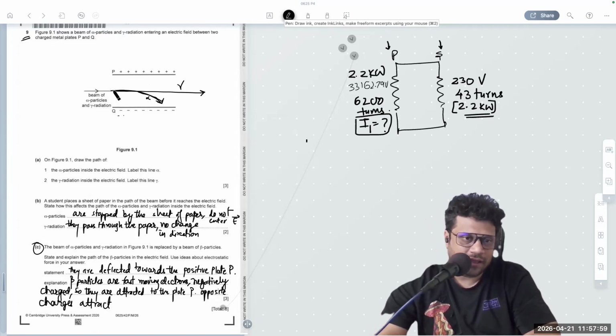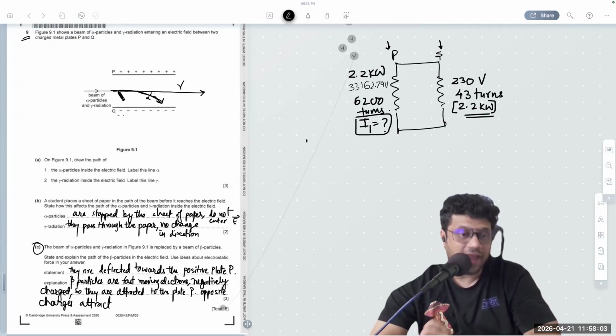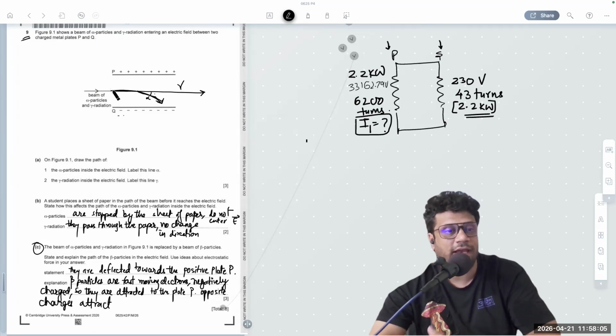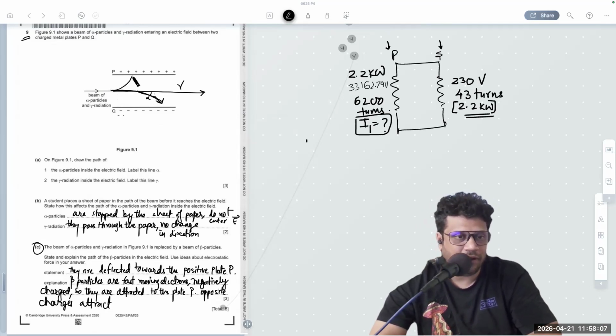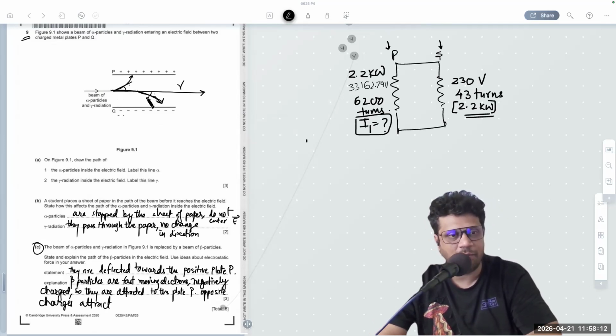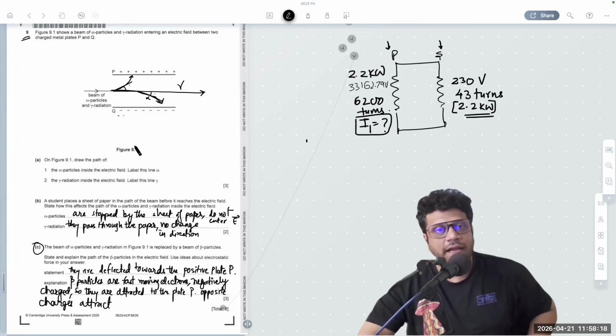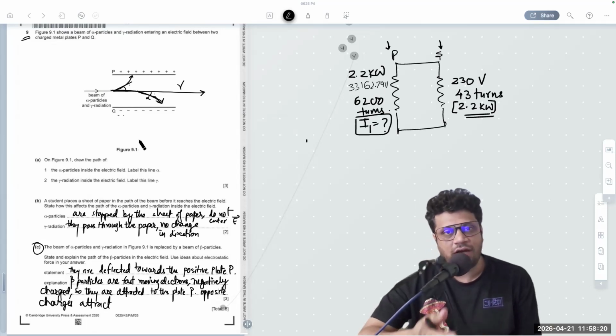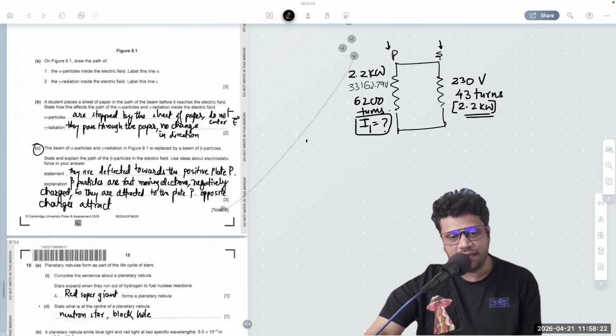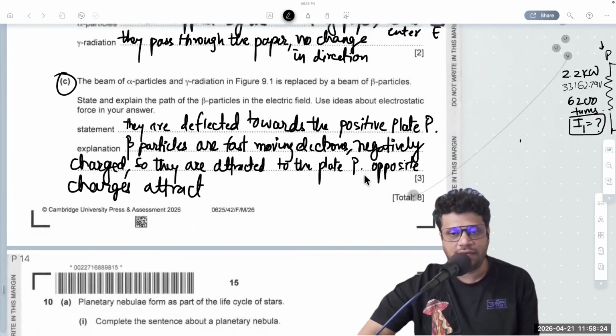So in a way, the alpha particle deviates about this much. My explanation should contain the fact that beta will deflect at a very large angle compared to the alpha particles. The reason is beta particles are far lighter. And that is something missing in my answer, so I should correct it here.